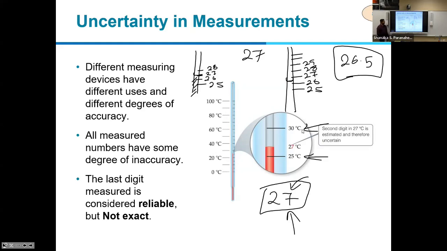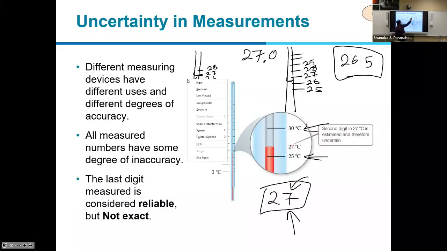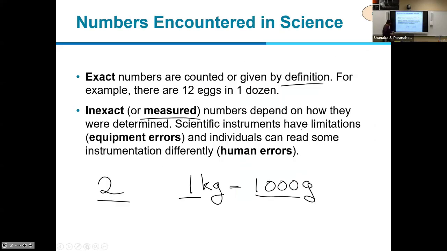So if I'm going to record the temperature using this thermometer, I'm going to keep the same accuracy. Since it's on the 27th line, I'm going to add a 0. This number tells us it's more accurate compared to this value. These are two different temperature scales, so you should have two different ways to report it.